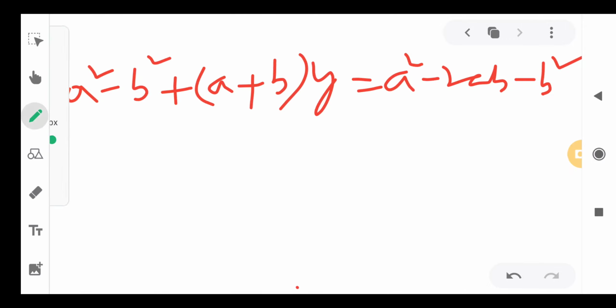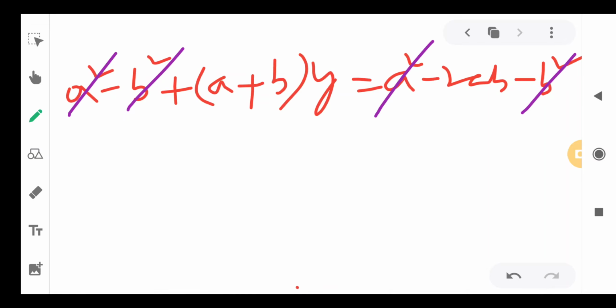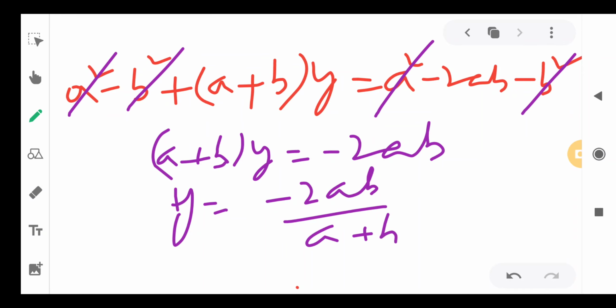Now a square gets cancelled, and minus b square and minus b square get cancelled. So what is left is (a plus b) into y is equal to minus 2ab. We want y, therefore y is equal to minus 2ab by (a plus b).